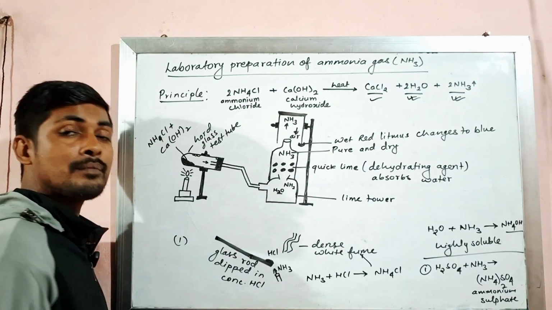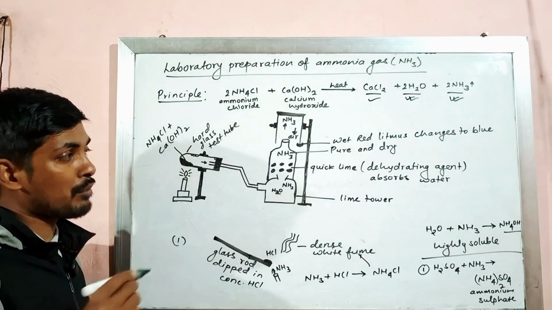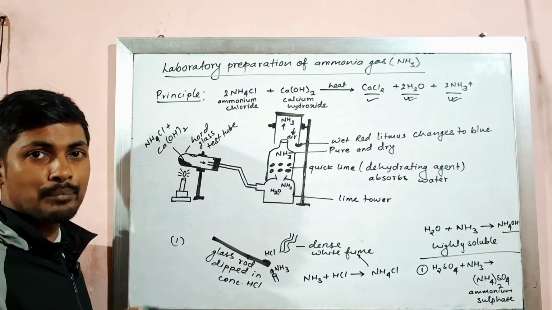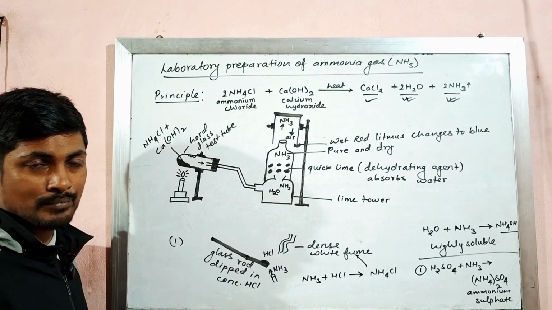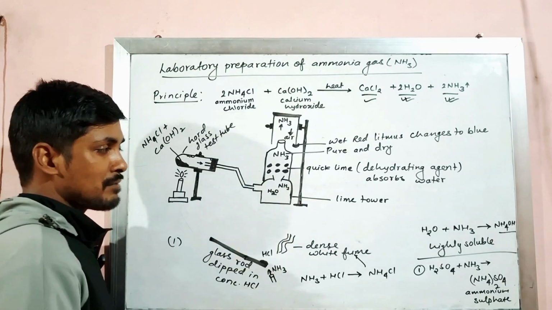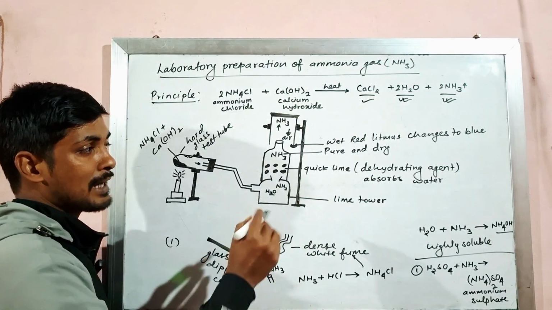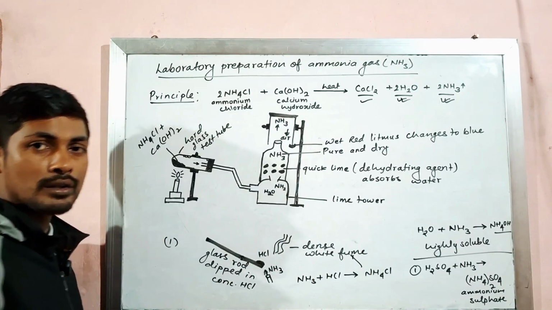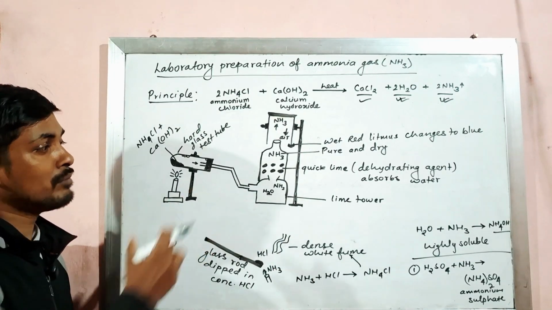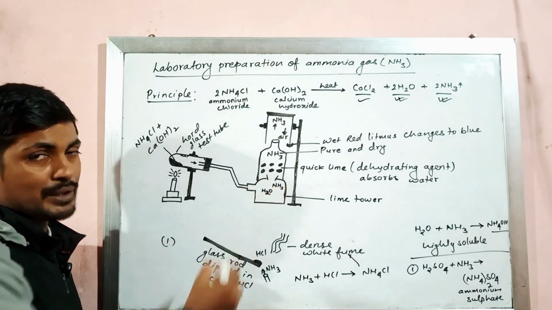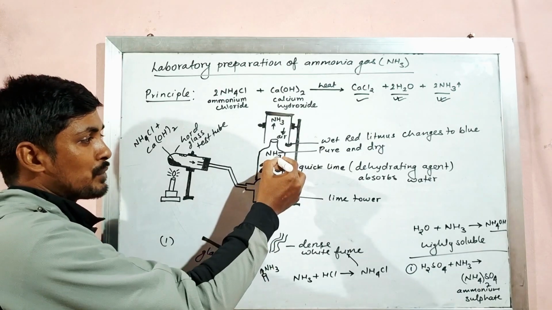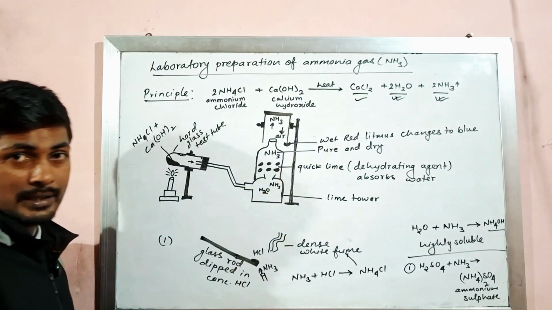Similarly, why is this lime tower used in the lab preparation of ammonia gas? The answer is very simple. In the lime tower, there is quicklime that absorbs all the water vapor from this ammonia gas and makes the ammonia pure and dry.